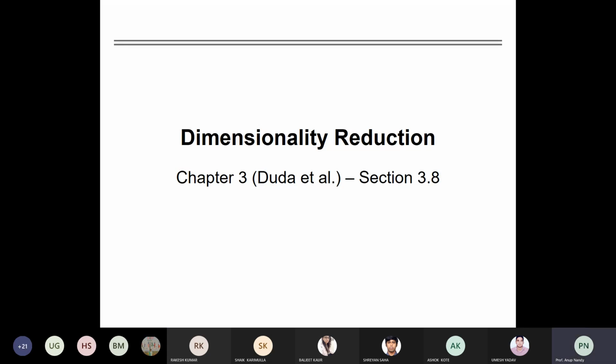So in the last class, we introduced the concept of dimensionality reduction techniques, that is principal component analysis, and we studied the basic concept of principal component analysis through geometric representations. It is nothing but finding the directions with the maximum variance.